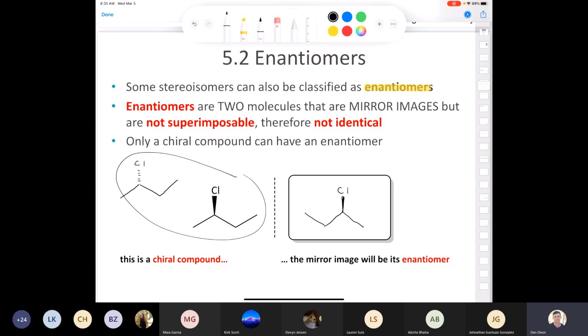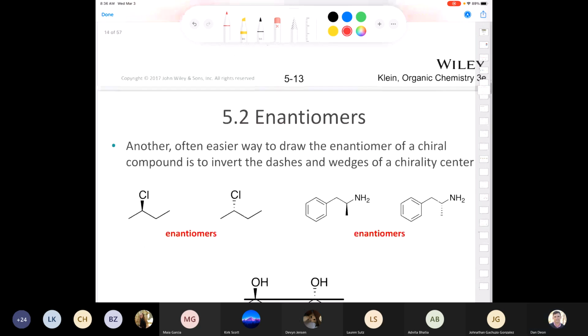So these are enantiomers, we'll just say En, and then these two molecules are enantiomers of each other. And you can see that just inverting a dash or a wedge is a lot simpler than actually trying to draw a mirror image. Especially when you get into molecules that have multiple chirality centers, it would get really, really difficult.